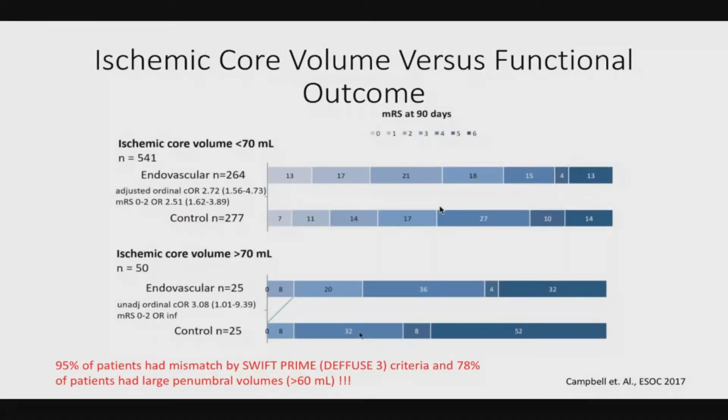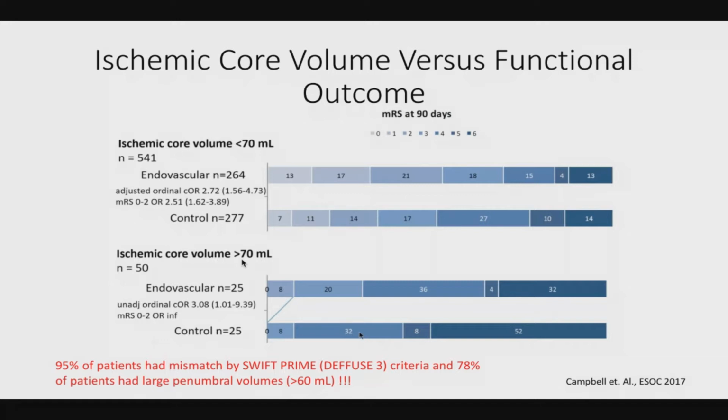Now, this is again from the HERMES meta-analysis, when they looked at the patients trying to decide which patients had a mismatch and which one did not have a mismatch, because that's one of the things we look at when we do a CT perfusion or MR perfusion. Does the patient have a large area of mismatch or not?